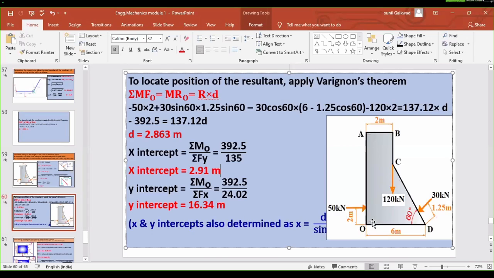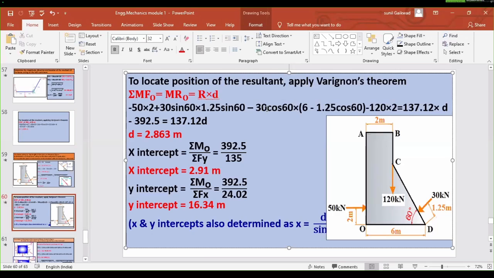O. So first OD is how much? 6, that's why 6 is over here. येतो का आवाज येतो का रे. हो सर. हे बघ, हा y component आहे. Here the y component is 30 cos 60 acting in downward direction, so movement is clockwise, so minus.